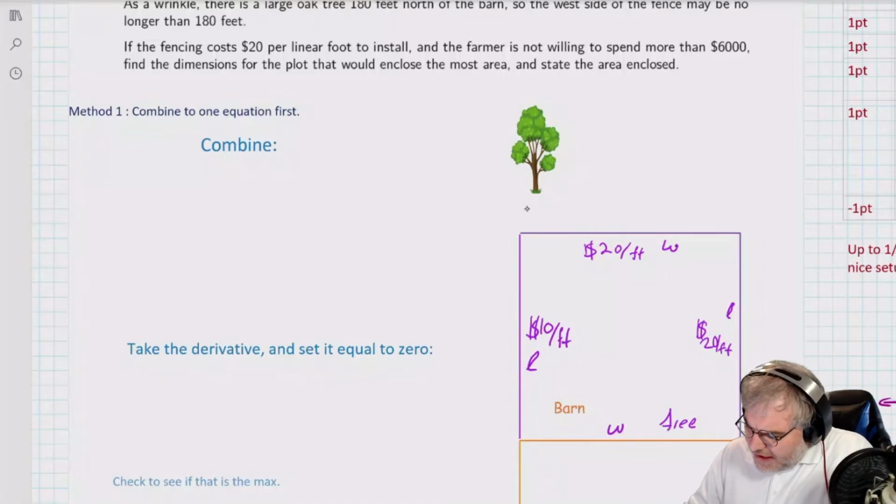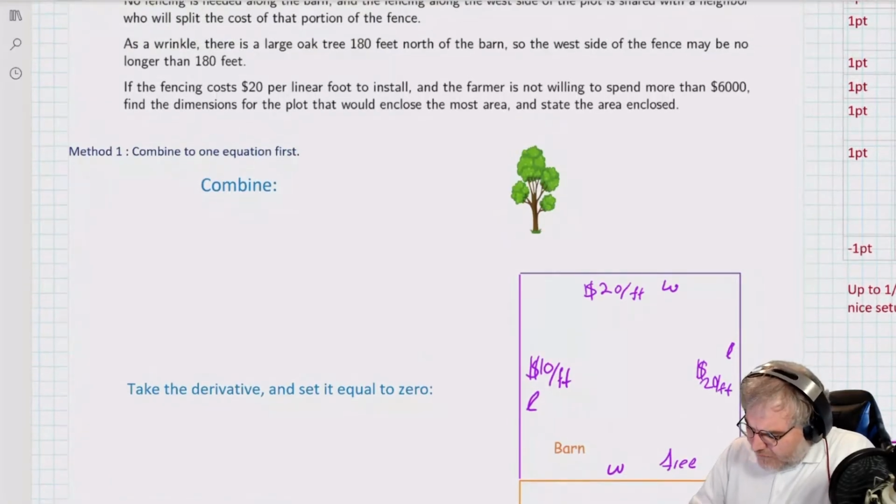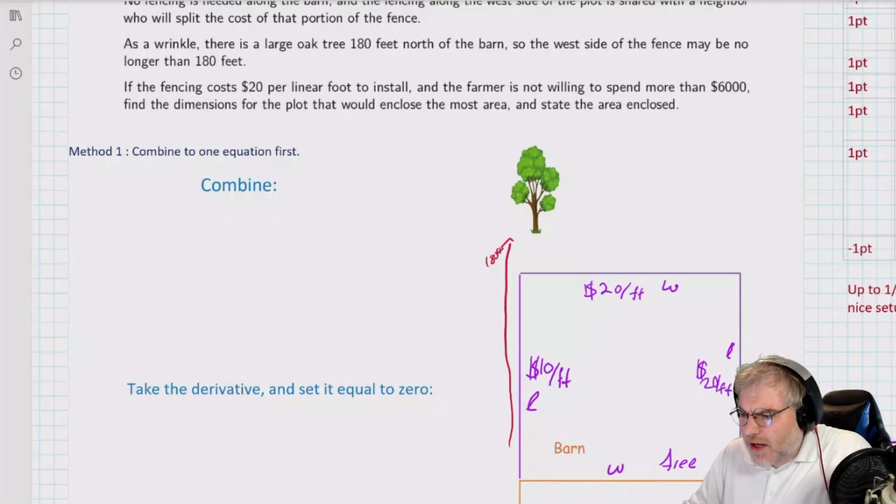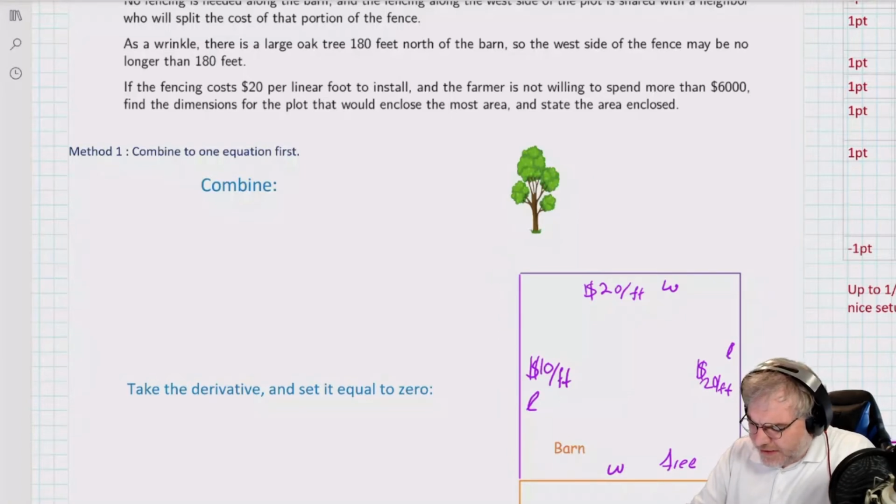This tree is 180 feet from the barn. So no matter what side he chooses, if he wants 190 feet here, he can't do it. He wants to save this tree, so the maximum that's allowed is 180 feet.